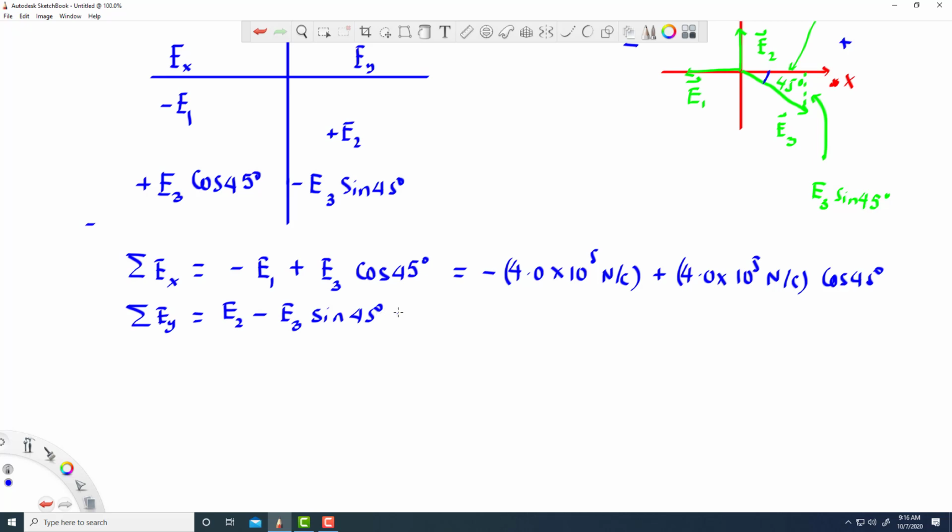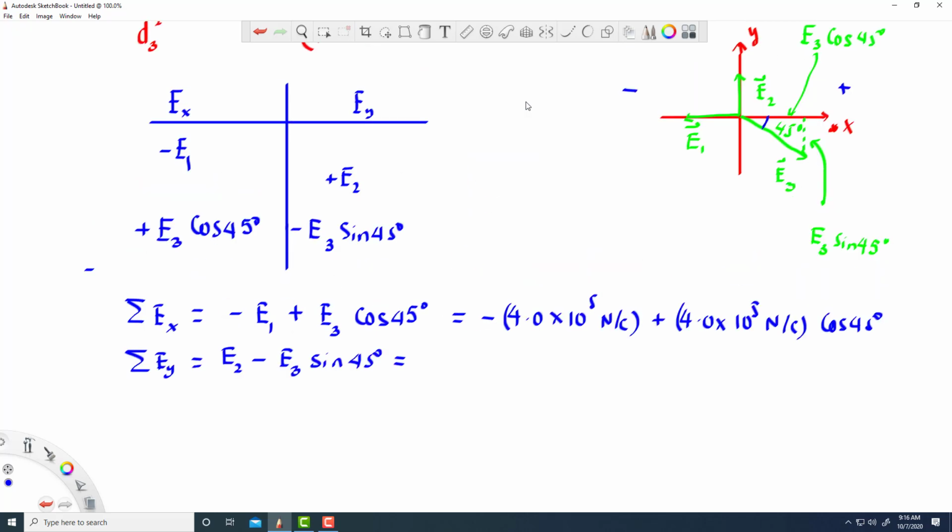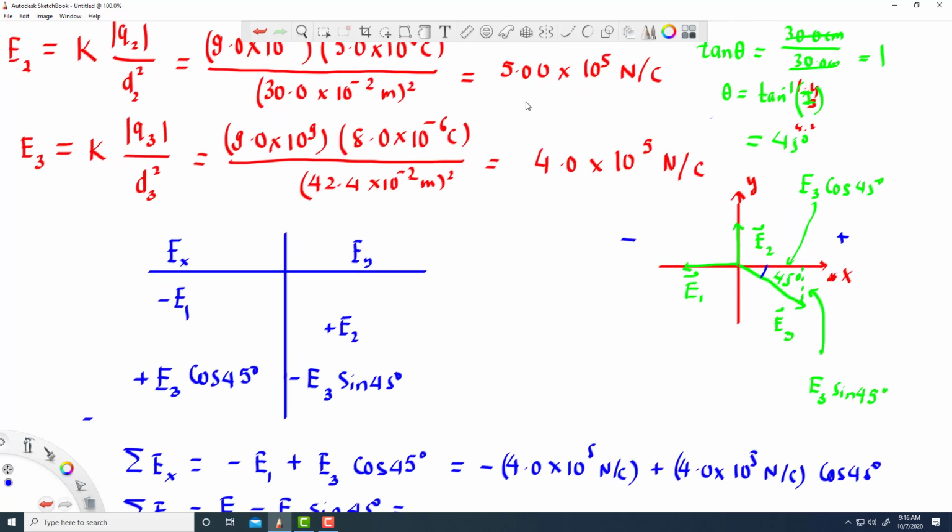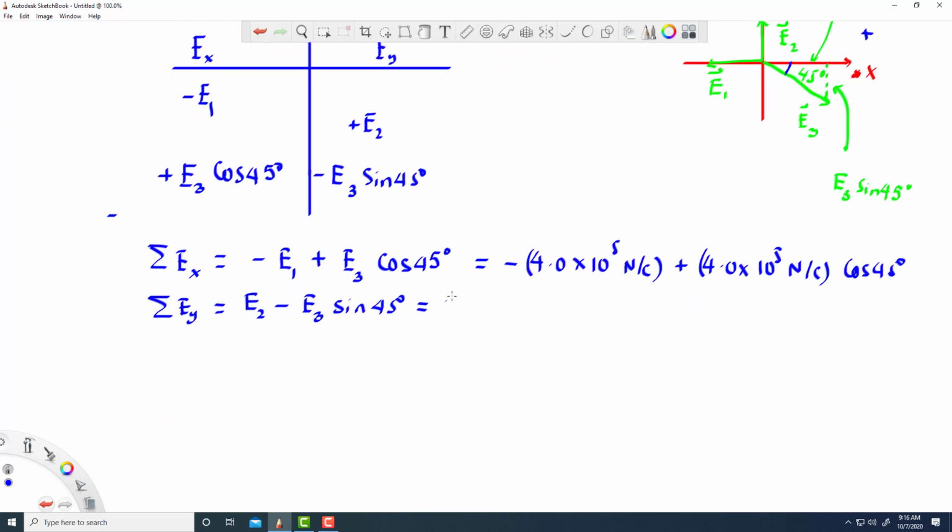Here E2, what did we get for E2? 5 times 10 to 5. So that's 5 times 10 to 5 Newton per Coulomb, minus E3, which is 4 times 10 to 5 Newton per Coulomb, times sine 45 degrees.